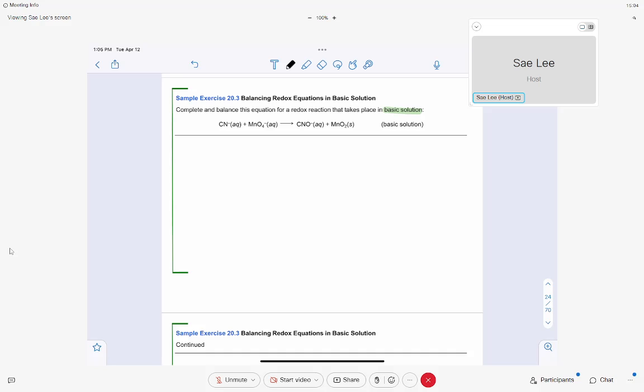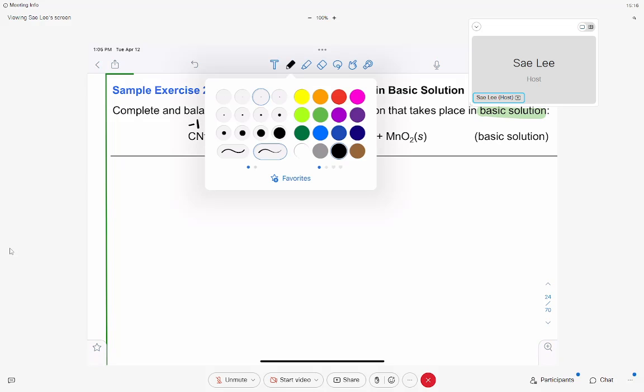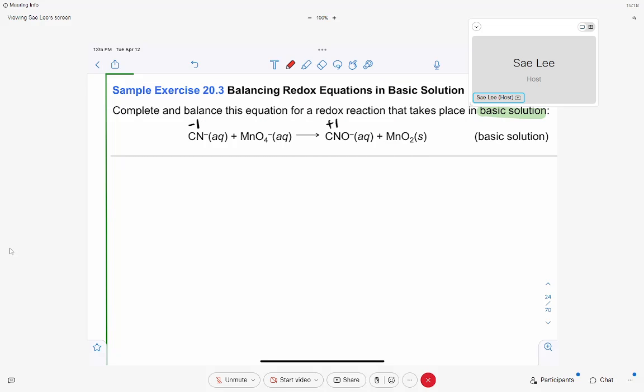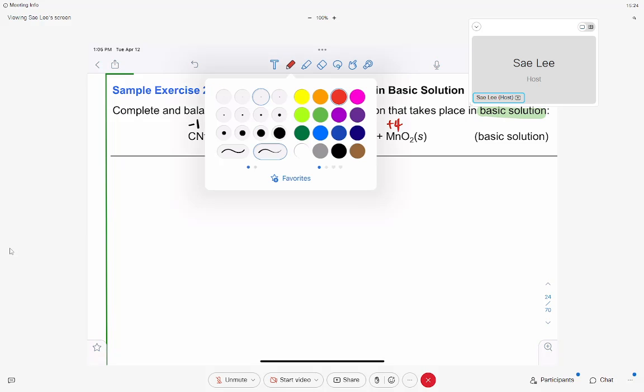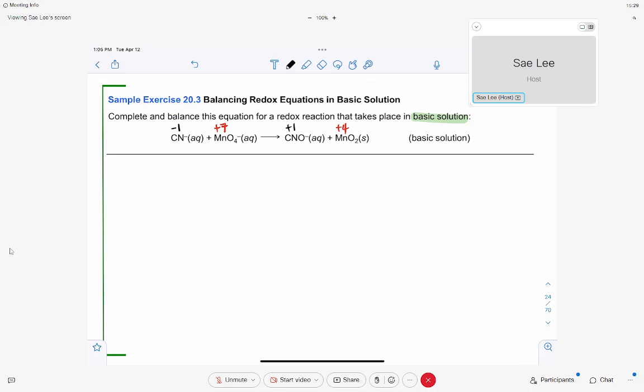If we assign the oxidation numbers, for cyanide the oxidation number changes from -1 to +1. For manganese, the oxidation number changes from +7 to +4. So we know that the oxidation half reaction is this portion, and the reduction half reaction is this portion.